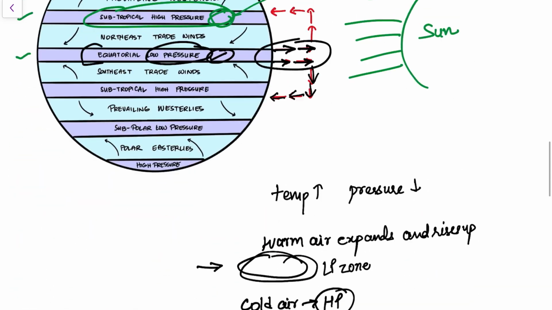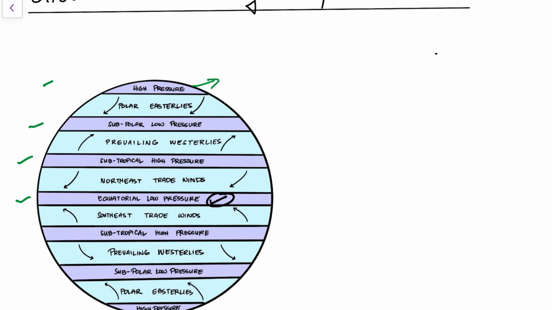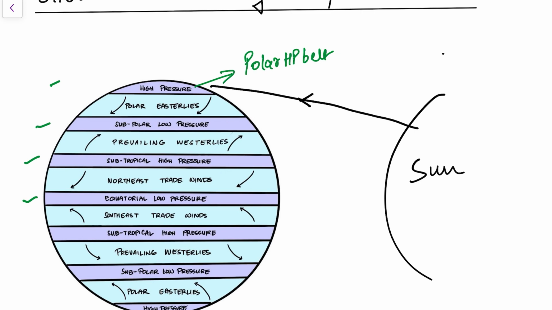Now, next is the polar high pressure belt. Now we'll talk about this polar high pressure belt. These rays are slanting, right? Near the pole, air is extremely cold due to low insolation and high albedo.